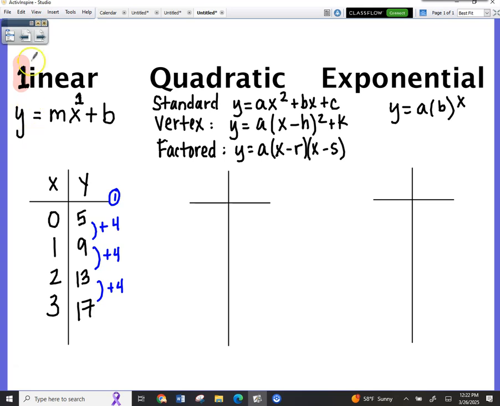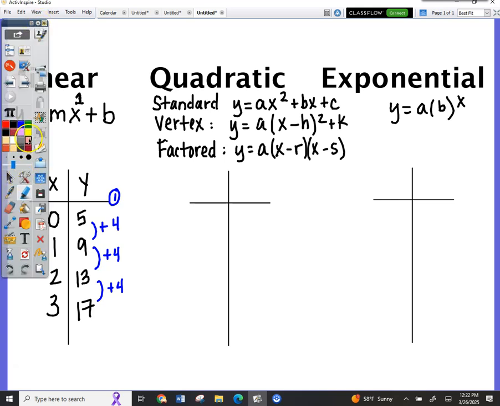Moving on to quadratic. Somebody in second block, Luke in second block, pointed out that in the word quadratic, he sees the graph. Think of what a quadratic looks like. What letter in the word quadratic looks like the graph of a quadratic?